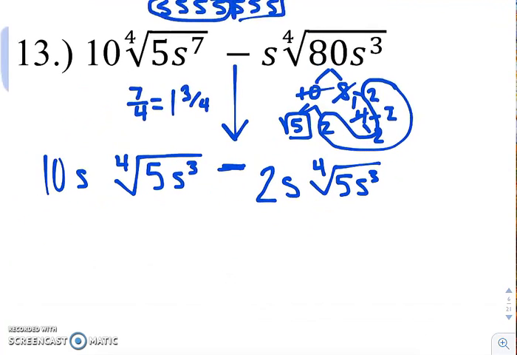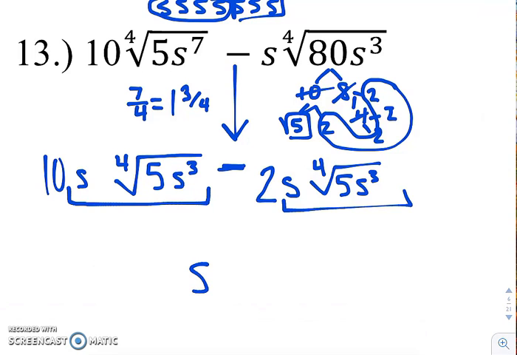So what we have here, we're paying attention to the lead coefficient. So it looks chaotic and messy, I get that. But we have 10 s 4th root of 5s cubed minus 2 s 4th root 5s cubed. So that is what is staying. We're still keeping that s times the 4th root of 5s cubed. But how many of them do we have?